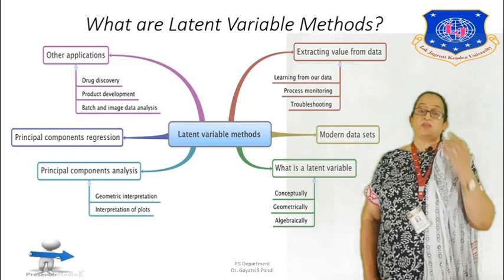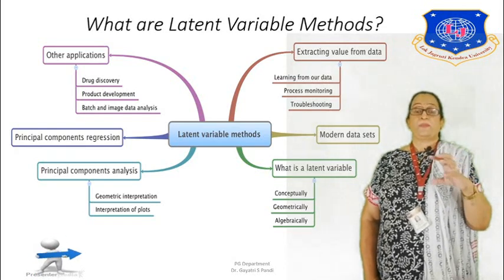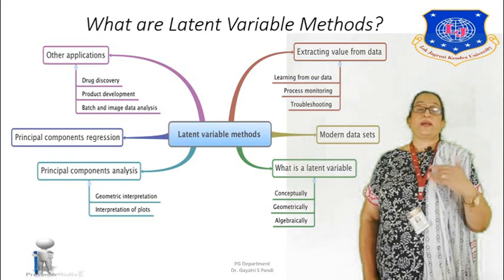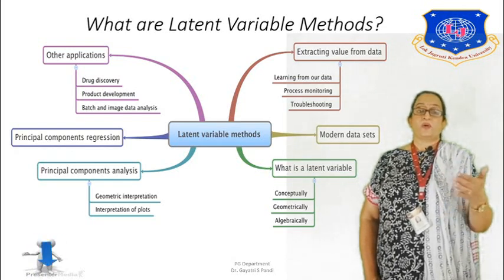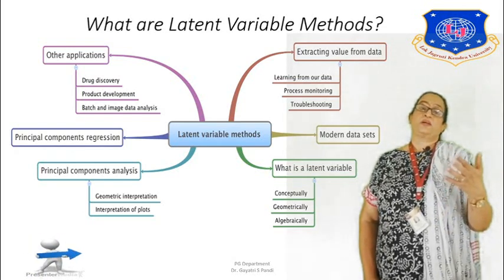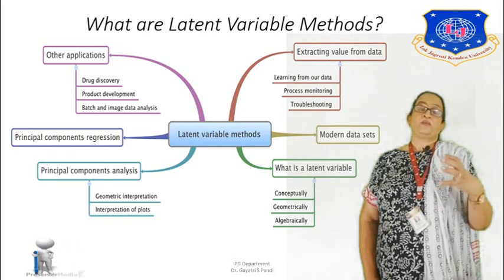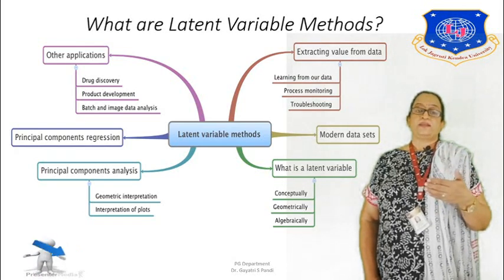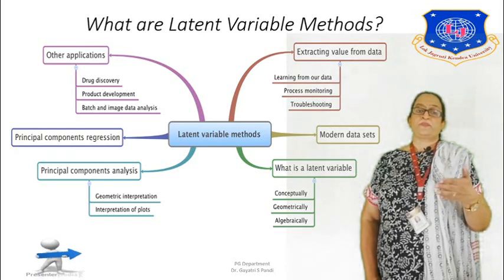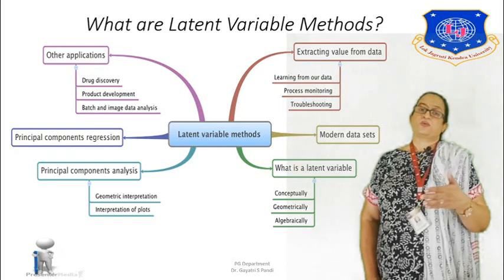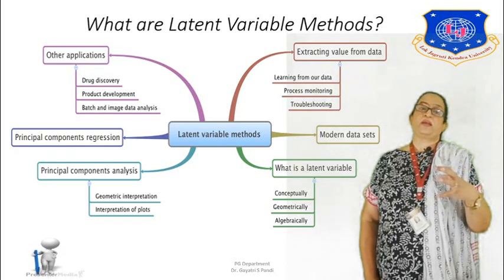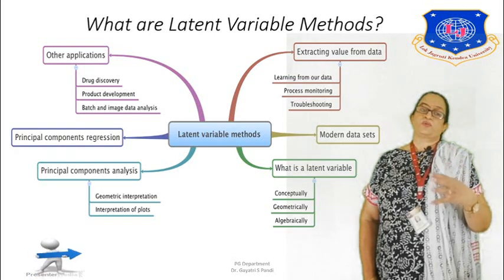So there are various applications for latent variables. You can have drug discovery. This is one of the best applications, where you try to find new drugs. Then product development, where you can find issues in the product and improve the development process. And then you can have batch and image data analysis. So these are some major applications where latent variable methods could be used.